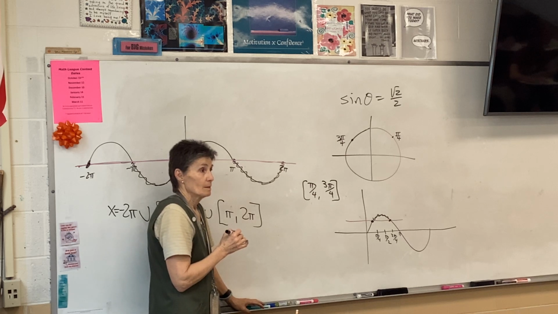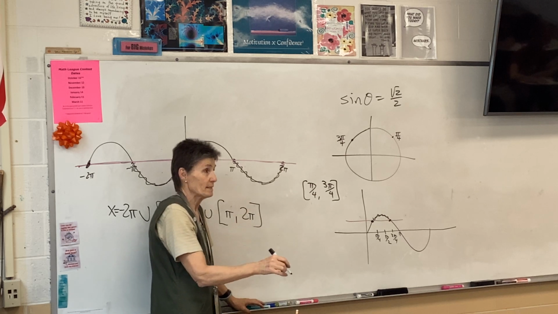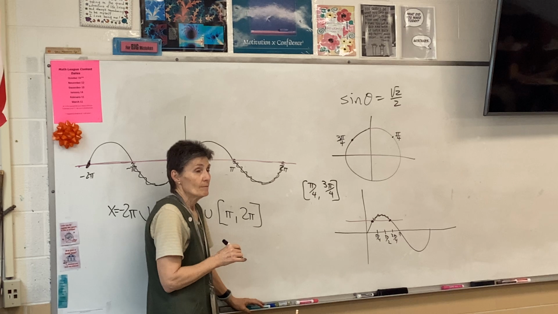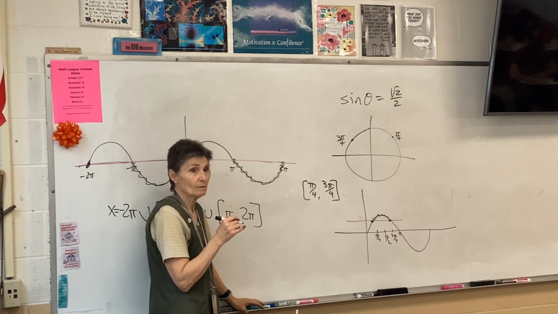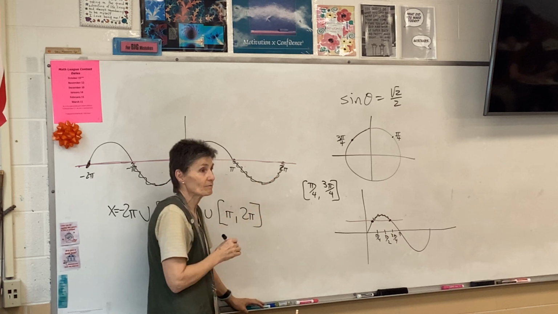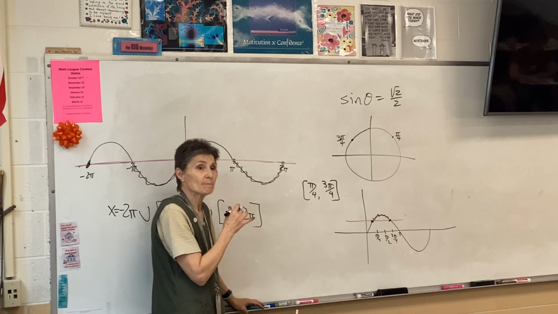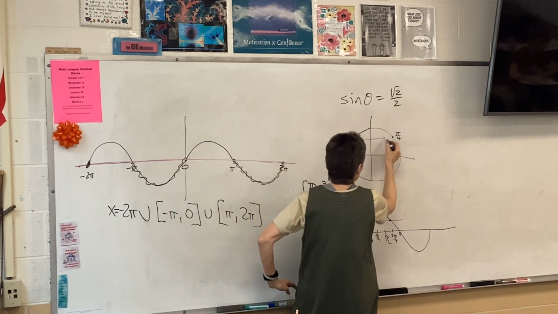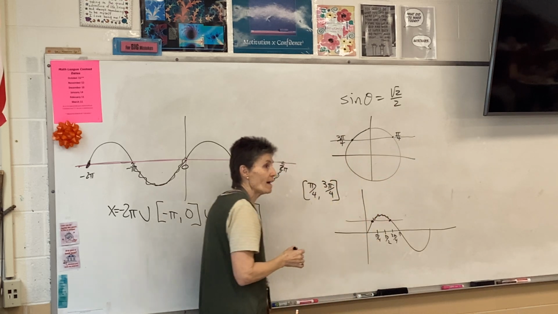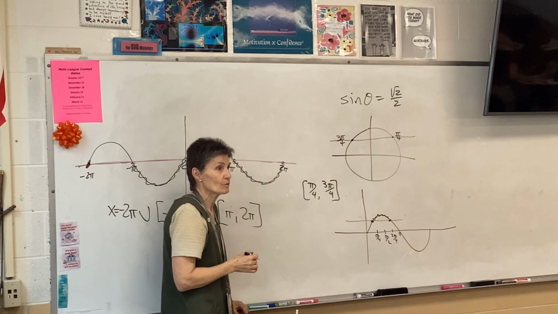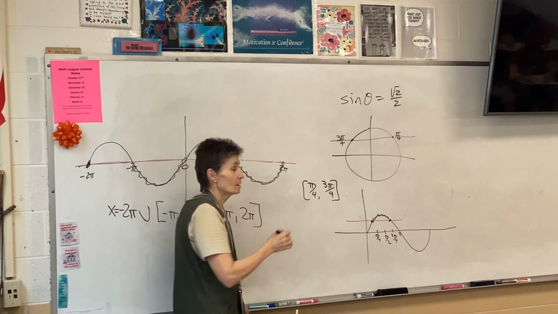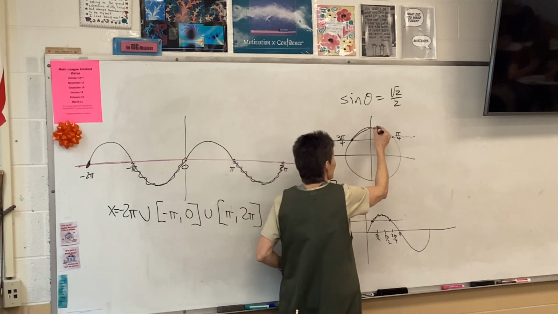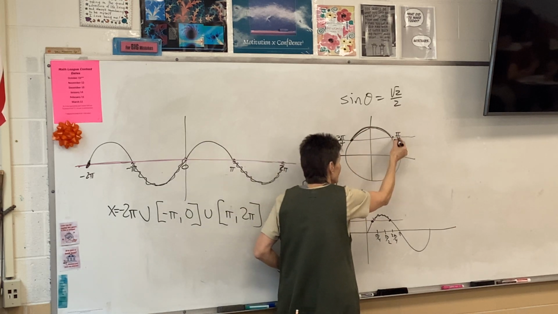Now, he points out that if you like your unit circle, and I've kind of already got some of it graphed already, you can do the same thing with the unit circle. Because here is where the y values are root 2 over 2. Where are they higher than root 2 over 2?